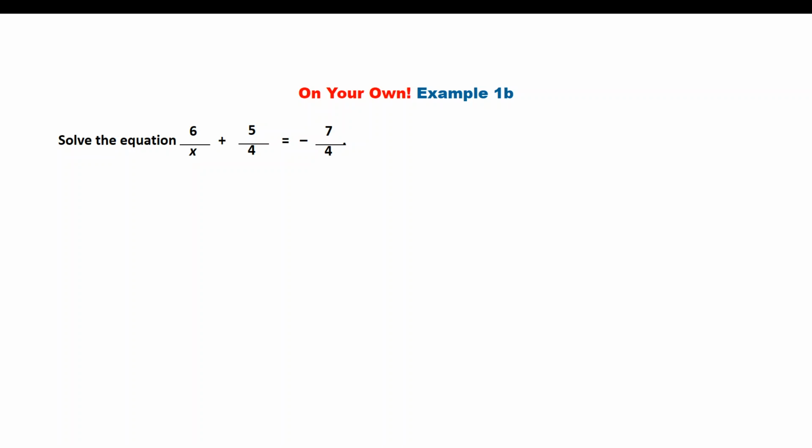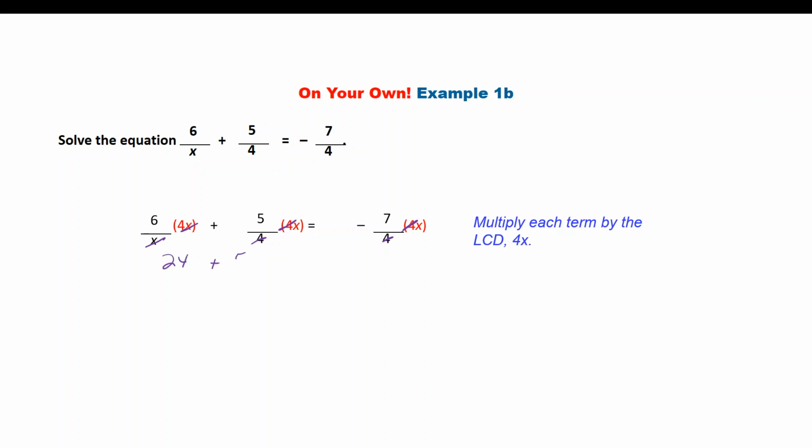On this one, you should have noticed again that the least common denominator is x times 4, or 4x. So what we want to do is multiply every term by 4x. When we multiply every term by 4x, this x cancels out, my 4 cancels out, and my other 4 cancels out, leaving me with 24 plus 5x equals negative 7x.